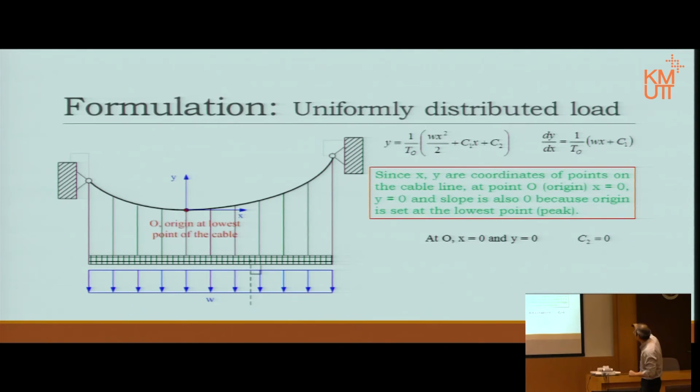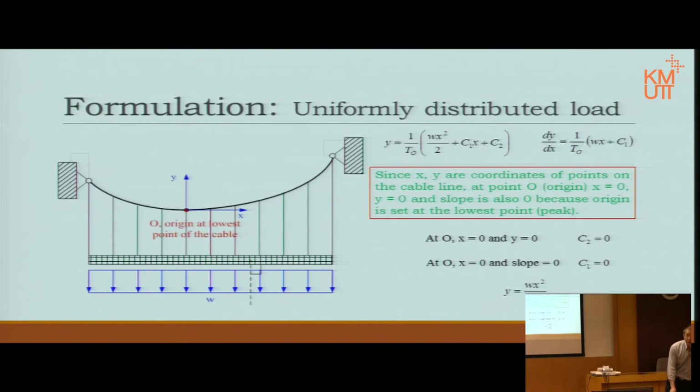On the right hand side, slope 0 at x 0 also gives us C1 equal to 0. So for the uniformly distributed load and the origin set at the lowest point of the main cable, we can obtain this expression.